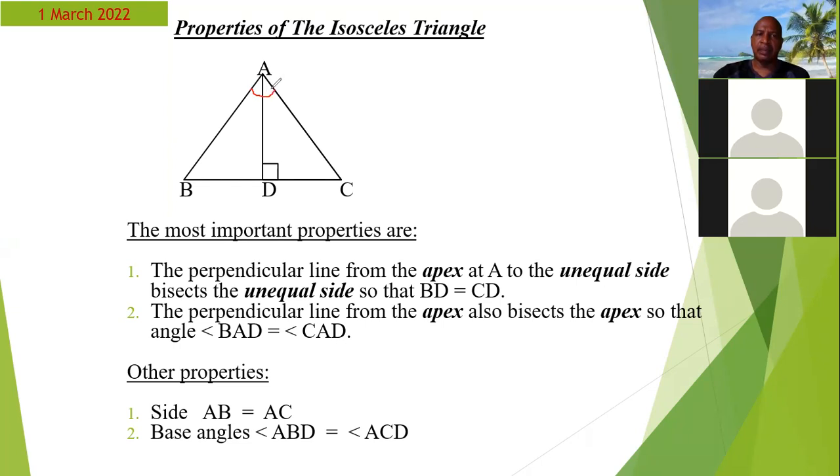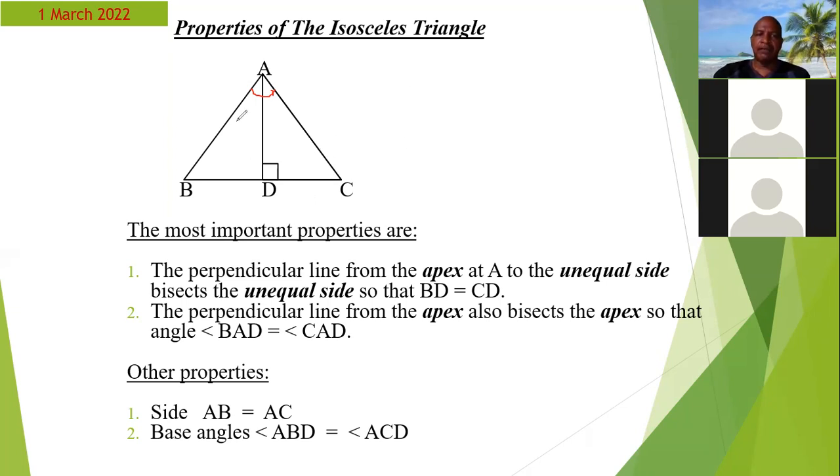So this would be your apex angle. Let's say we didn't have this vertical line here, then the angle between the two equal sides forming at A would be your apex angle.